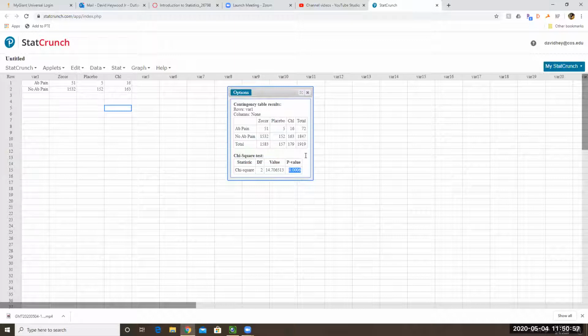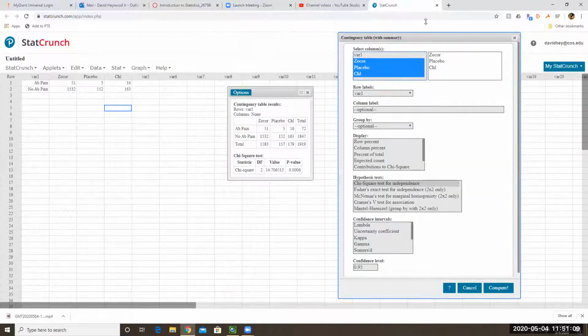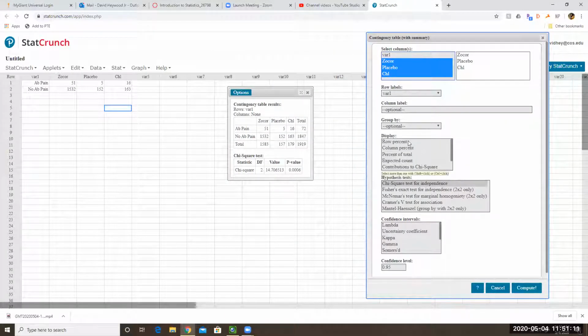But before I write that down, I just want to mention, we calculated the sample proportions by hand. StatCrunch will do this for us. I always have to remind myself how to do this, but I think what we want, if I want to see what proportion of Zocor patients experienced abdominal pain, then I need to do 51 out of 50.